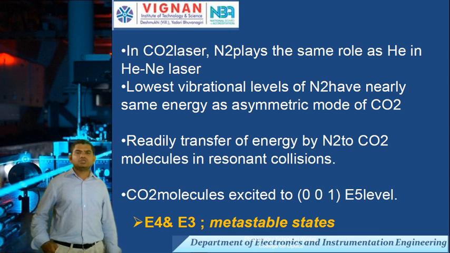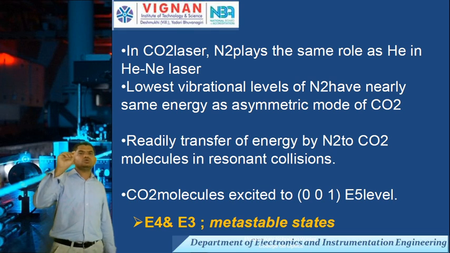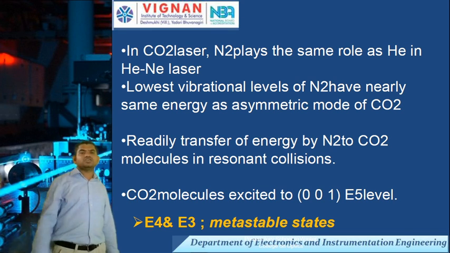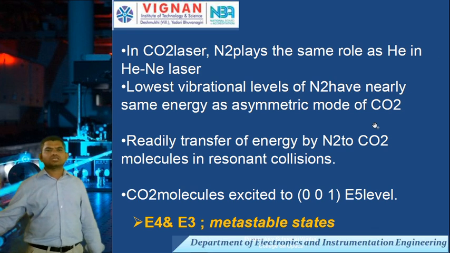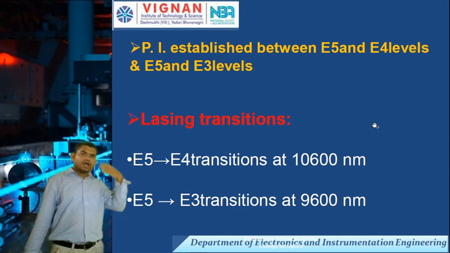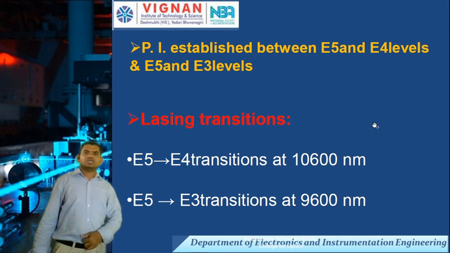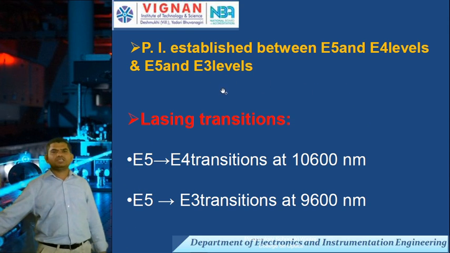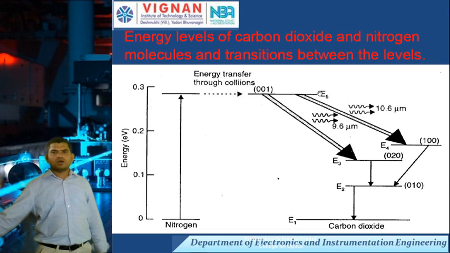Carbon dioxide molecules are excited to 001, that is the E5 level. E4 and E3 act as the metastable states, and population inversion is established between the E5 and E4 levels and the E5 and E3 levels only.